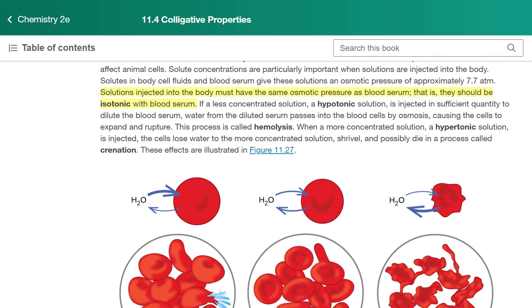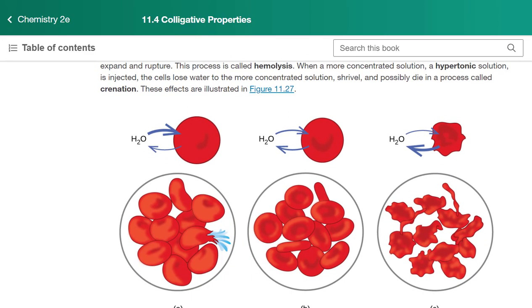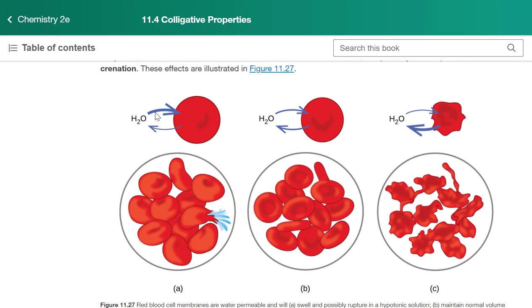It doesn't have to be exactly the same species, but essentially the same osmotic pressure. If it doesn't, we can have problems. So here we're showing an example where we have more water going into the red blood cell than is coming out. So what's happening here is maybe we have pure water. Maybe we just didn't have anything dissolved in the water that was injected. And so the water is trying to dilute the inside of the red blood cell.